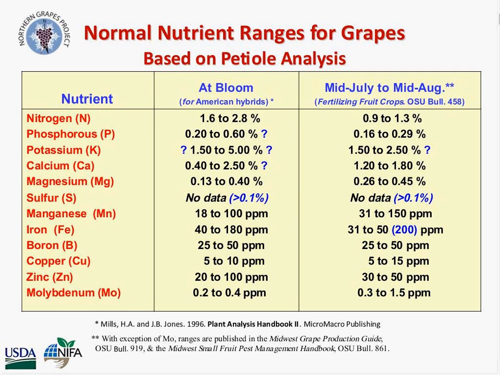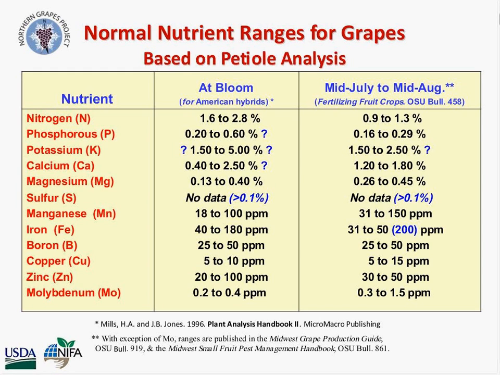Now, you'll see some question marks, and I'm a nutrition physiologist, and I have concerns about some of these rates, more so on the high end compared to the low end of the range. Although with potassium, we know it does decline during the growing season. So if you had 1.5% at bloom, it's going to be even lower at early veraison, mid-July to mid-August.